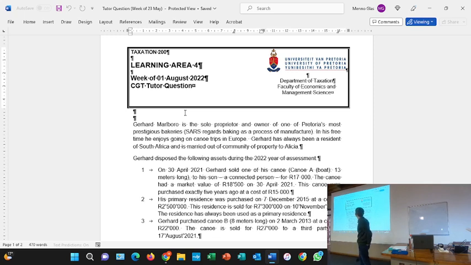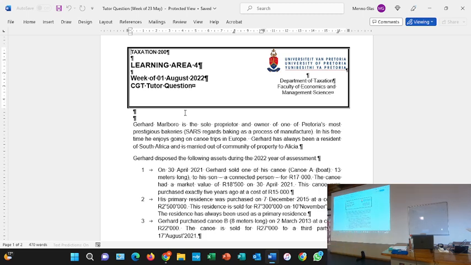Just looking at the first sentence, Gerard is a sole proprietor. Yes. Yeah, you have capital allowances that you have to recoup when you sell an asset. Anything else specific to sole proprietors?